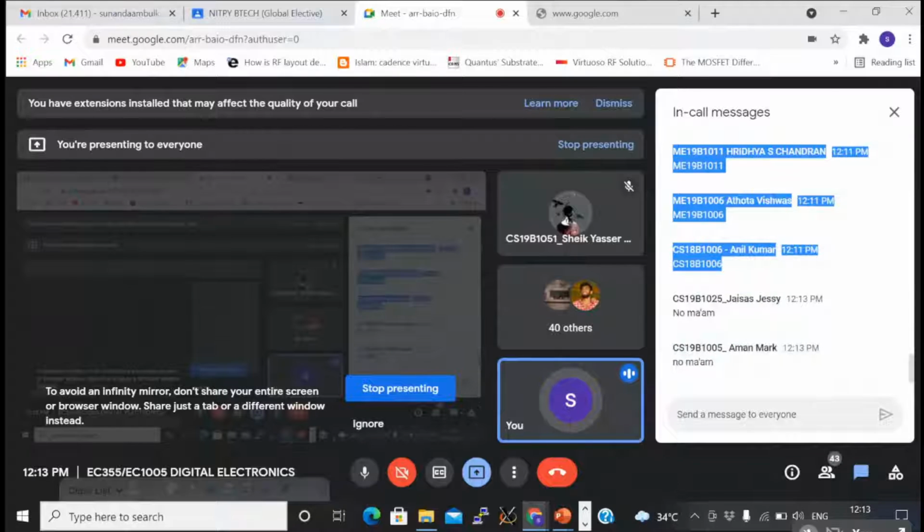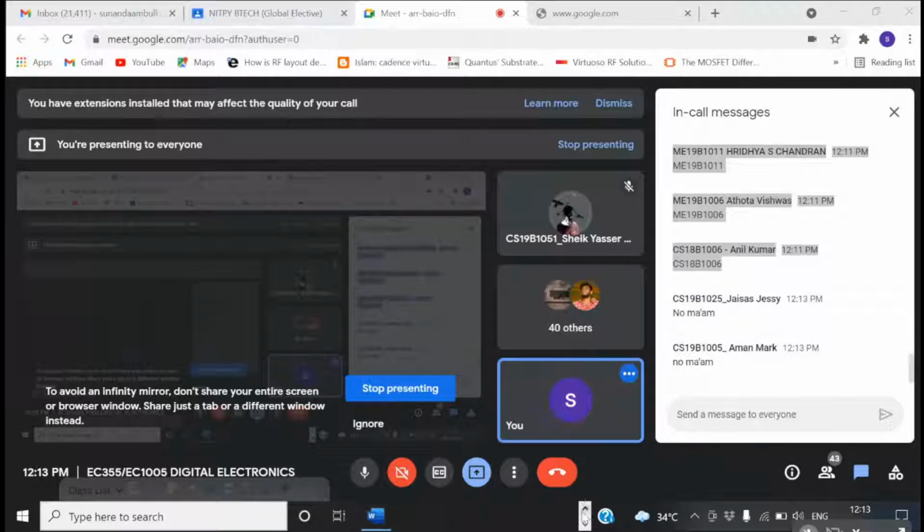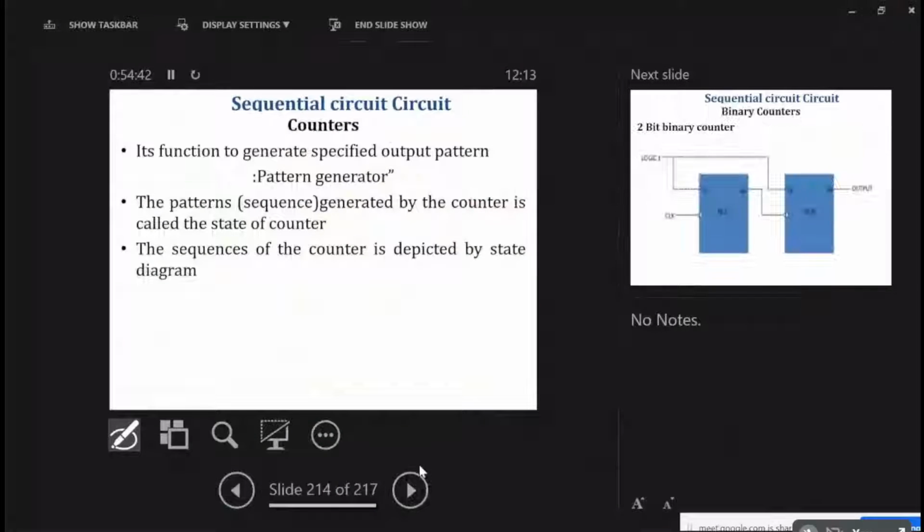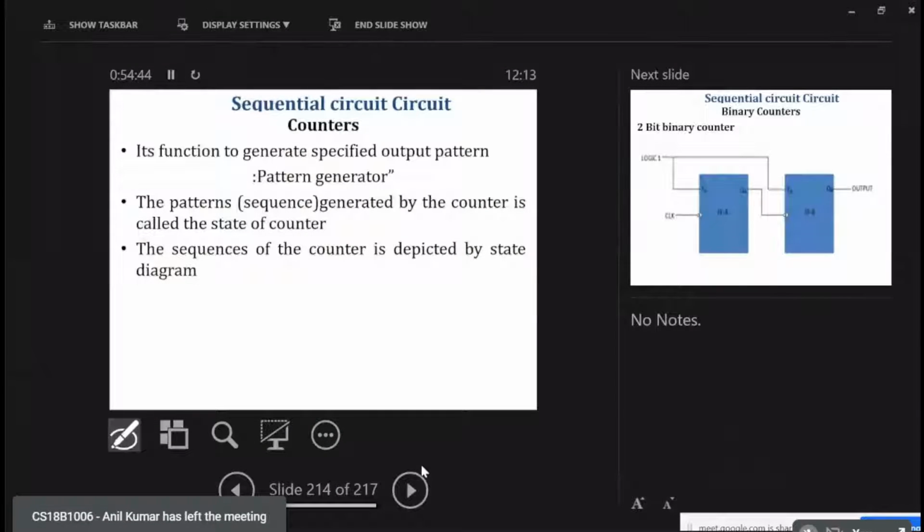Okay, so next is the counter. We'll see in the next lecture what the counter is, and how we can implement the counter with the use of different flip flops. Actually, a counter is just a flip flop, but in a flip flop, any kind of random information we can save during the computation of the signals.